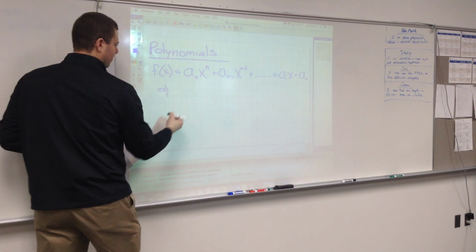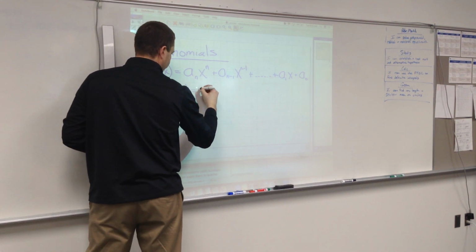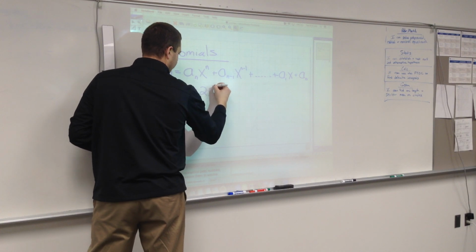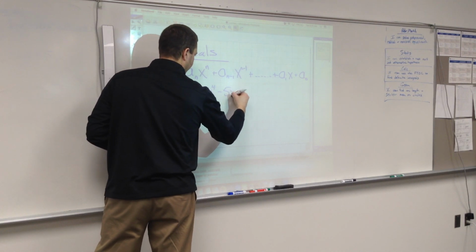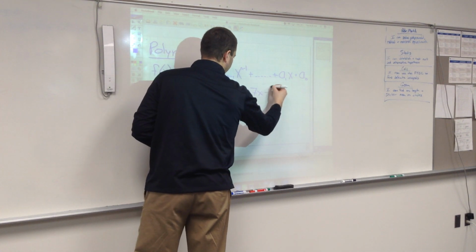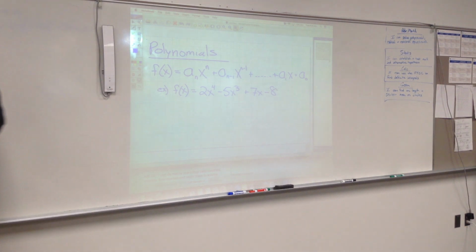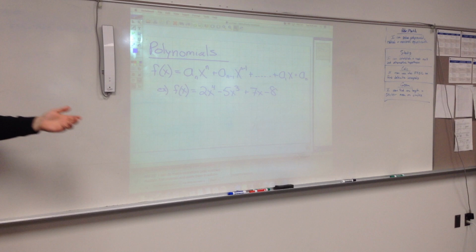So for example, you might see something like this. F of x equals 2x to the 4th minus 5x cubed, I'll skip a term, plus 7x minus 8. That's a polynomial. I start with the highest power and I start working my way down.